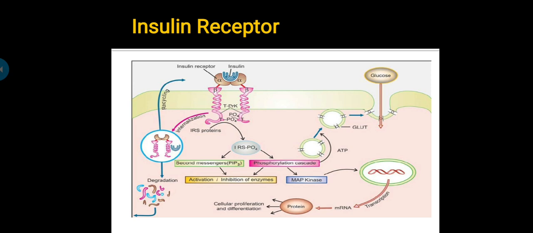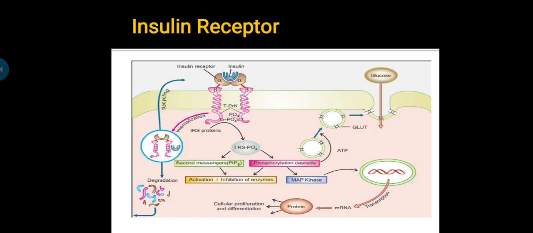When insulin binds, there is dimerization and internalization of the receptor, and after that there is involvement of a protein called IRS, the insulin receptor substrate, which is phosphorylated. Why? Because with dimer formation there is increased tyrosine kinase activity that phosphorylates the receptor as well as IRS.